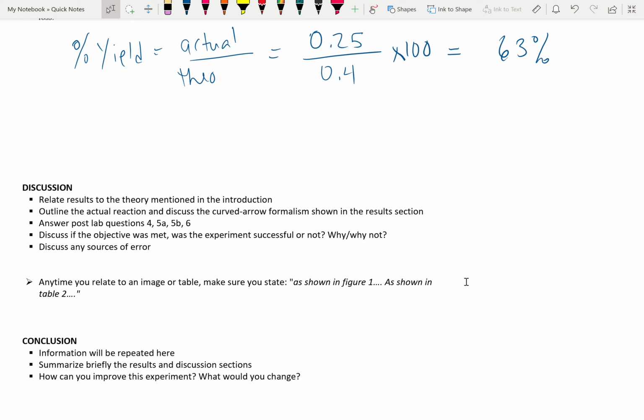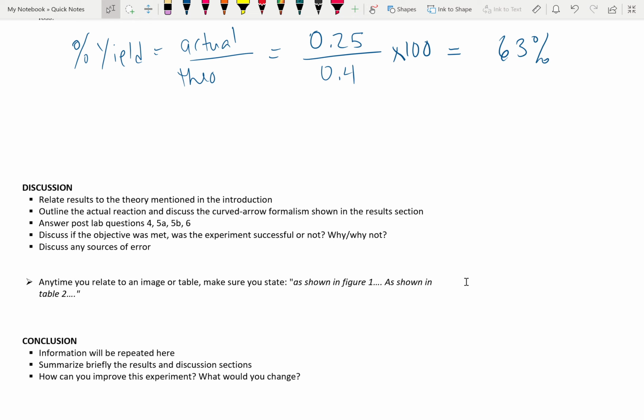Also, side note here, anytime you relate to an image or a table, make sure that you're stating it as you're discussing it. So say, like, as shown in figure 1, and you discuss figure 1, or as shown in table 2, you discuss table 2. Do not have any pictures, any figures, any tables that you do not discuss in your discussion section.